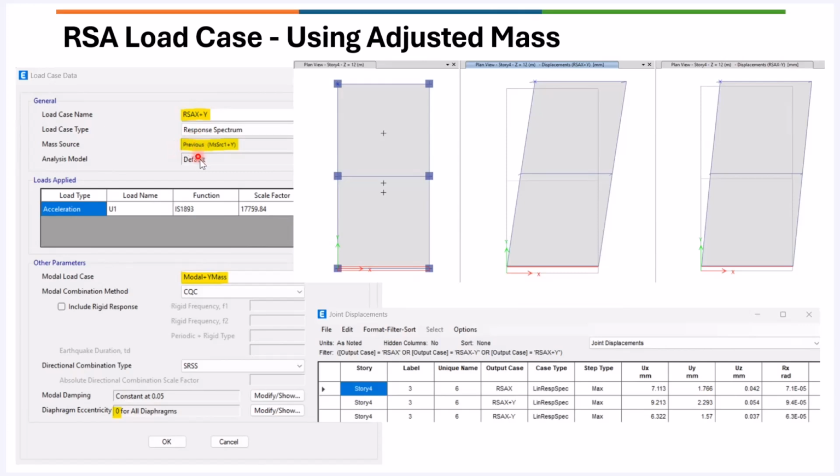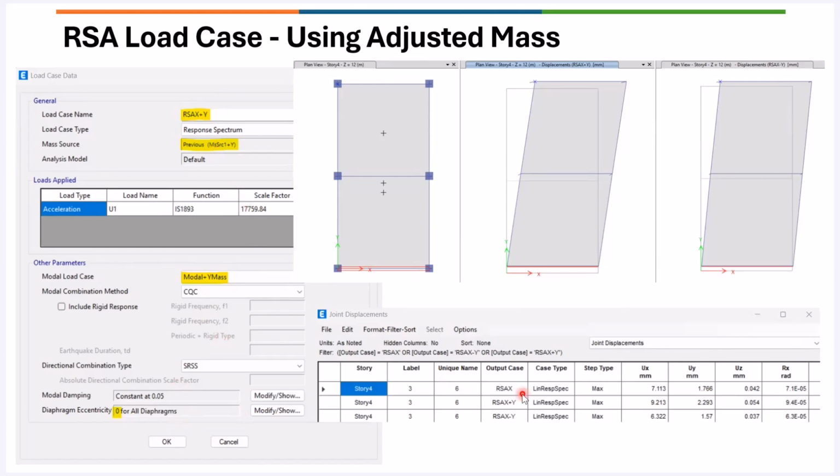It is the typical response spectrum case, but the model load case we just defined will be used here. These are all the same, but we specify the eccentricity as 0 as we have shifted the mass.